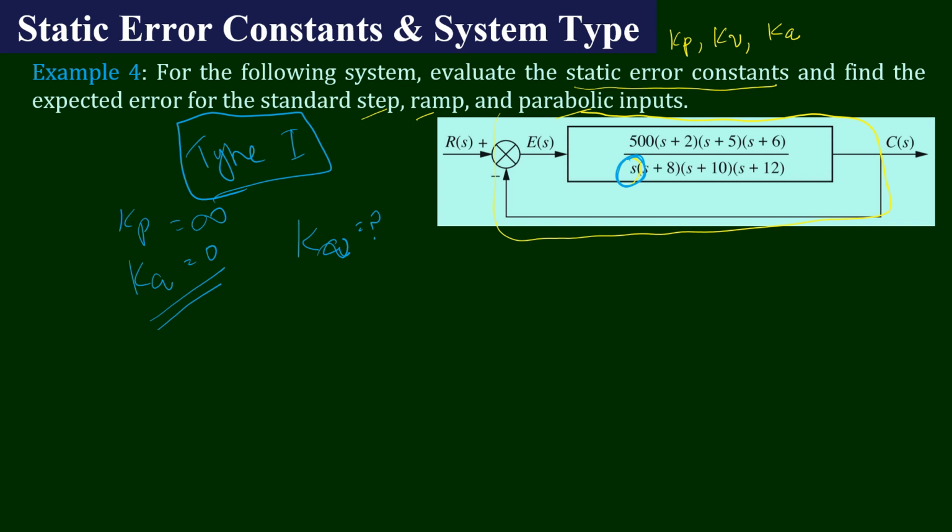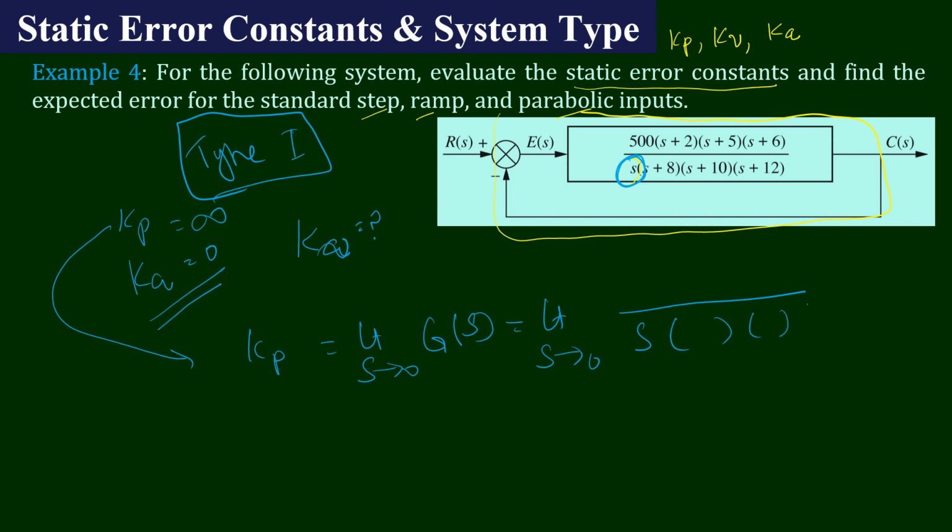But just for the sake of understanding, we said that Kp is equal to the limit as s tends to 0 of G(s). So here it will be the limit as s tends to 0. If we write this whole transfer function, in the denominator we have s and these values.